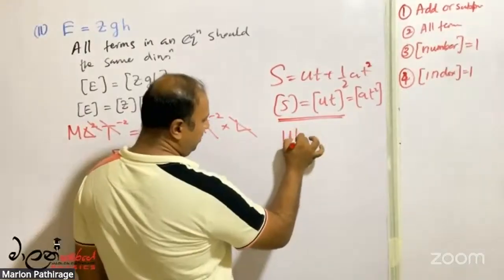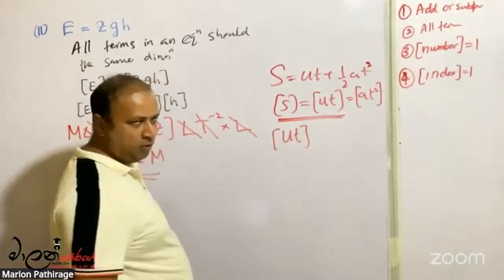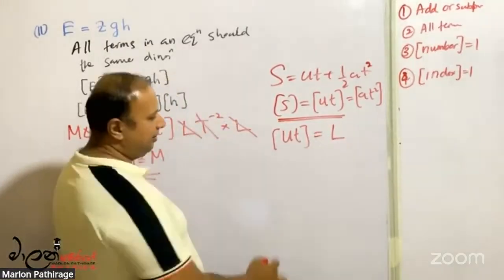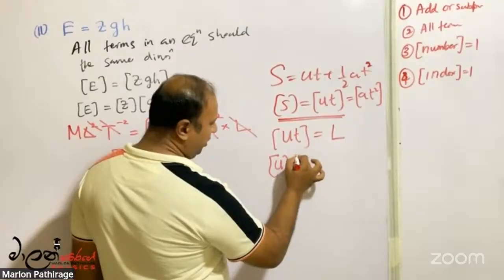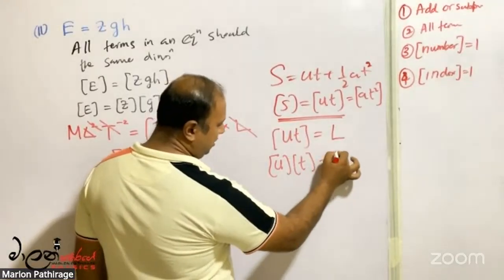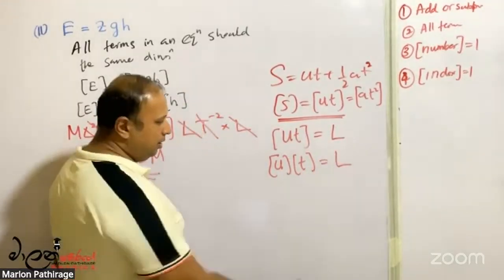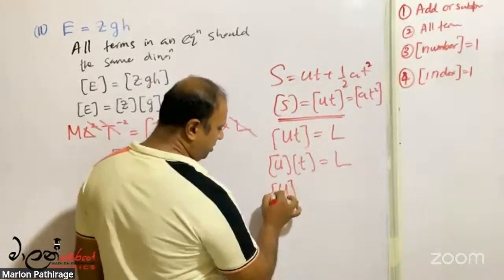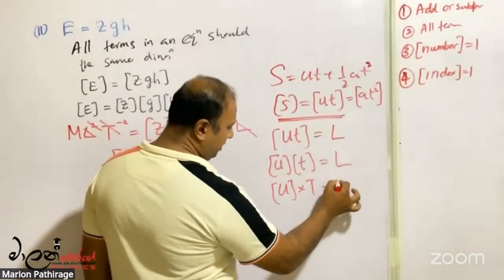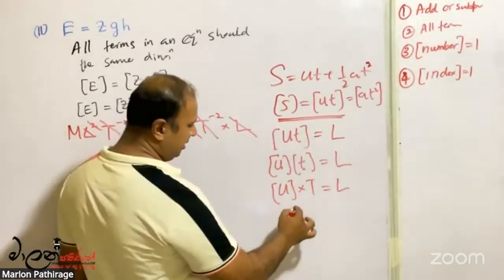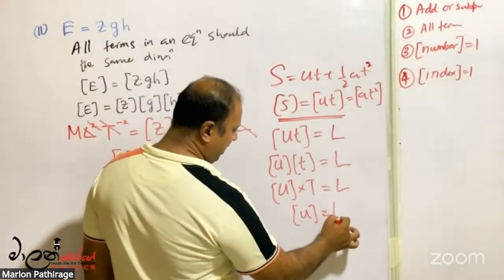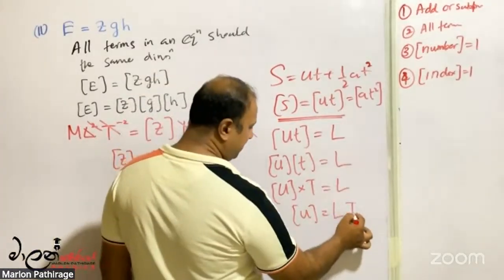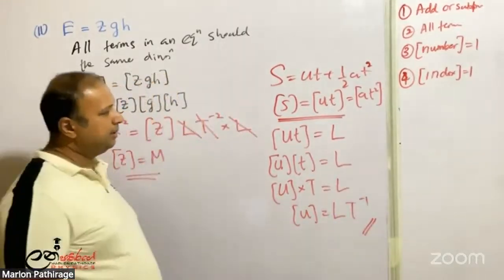Therefore, the dimension of the UT product is equal to L. Therefore, dimension of U into dimension of T is equal to L. Dimension of T means dimension of time. Therefore, dimension of U into time is equal to L. Therefore, dimension of U is equal to L, and you have to take T to the other side. Therefore, L T minus 1. Is that correct? Clear now?